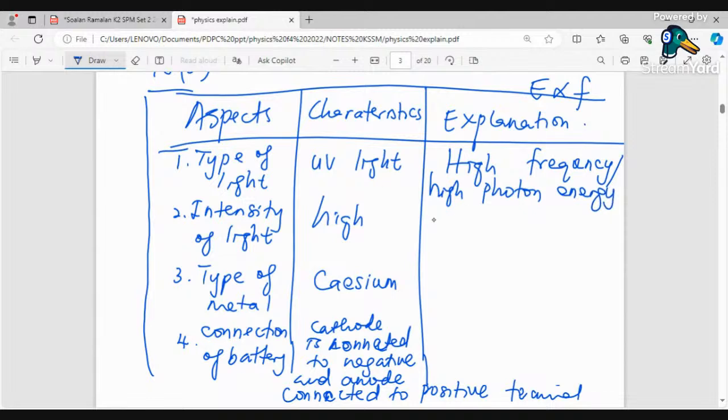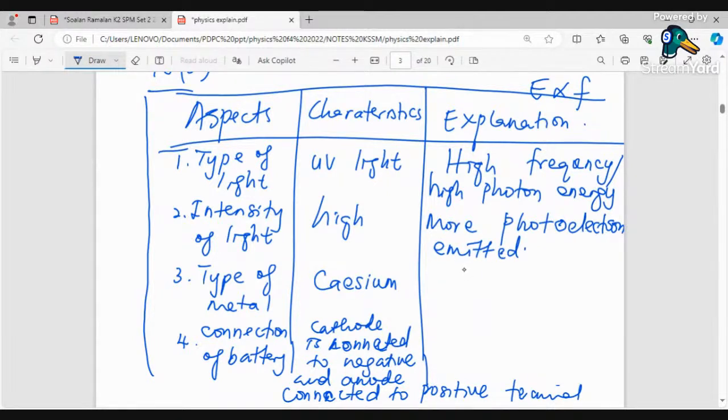Okay, intensity of light high. Untuk apa high ni? Okay, more photoelectrons emitted. Sebab number of photoelectron emitted depends on intensity of light. Okay, lebih banyak electrons akan dikeluarkan.